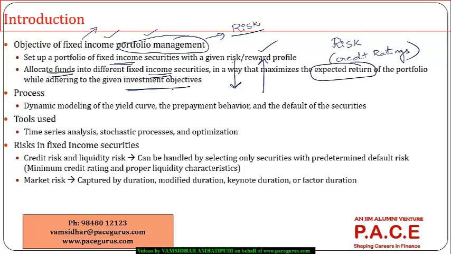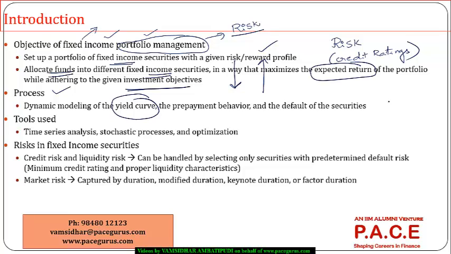And this is where I define my investment objectives, and based on the investment objectives, the allocation to the various funds happens accordingly. Now, coming to the process of fixed income portfolio management, there is dynamic modeling of the yield curve that is required.